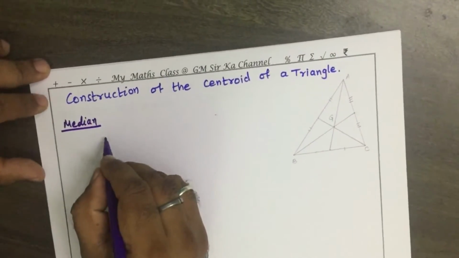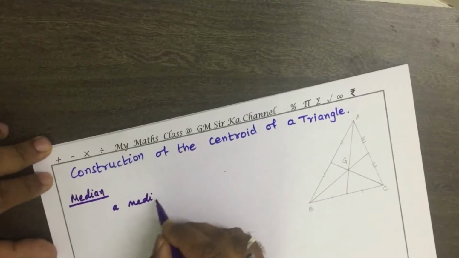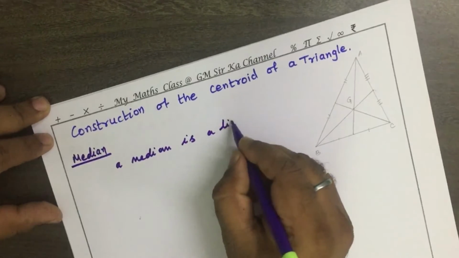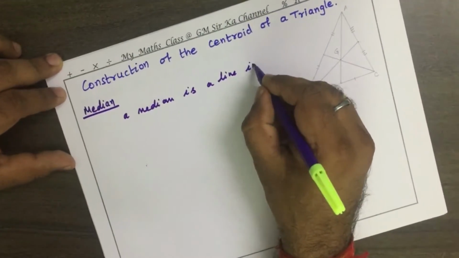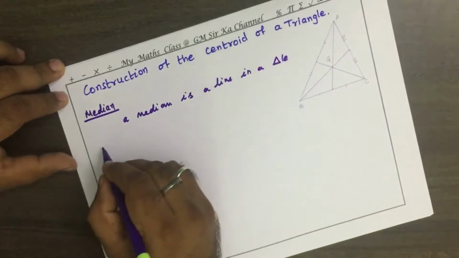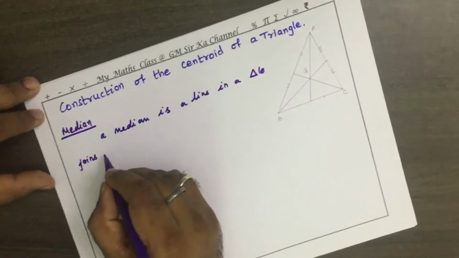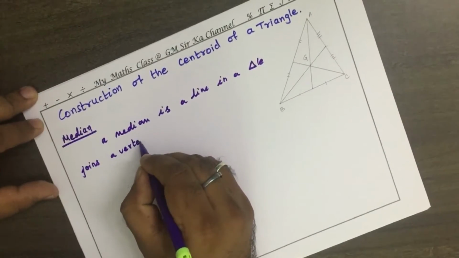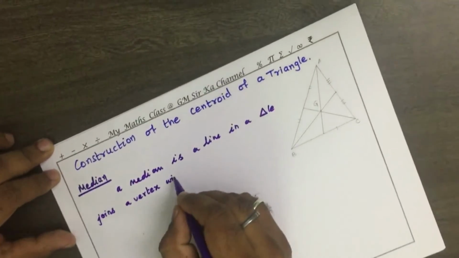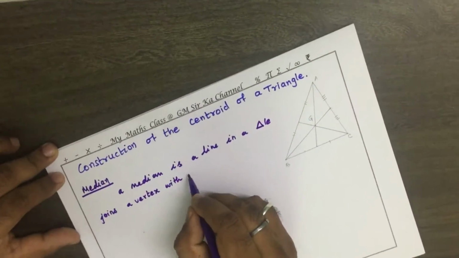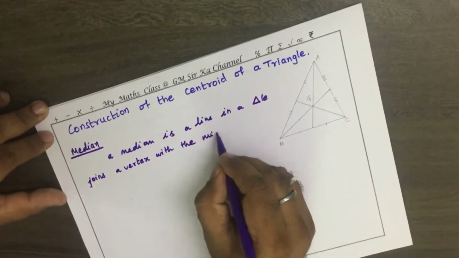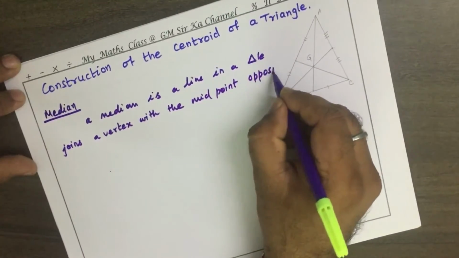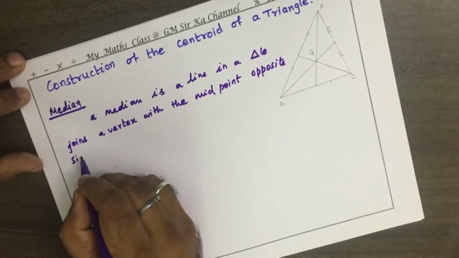A median is a line in a triangle that joins a vertex with the midpoint of the opposite side.